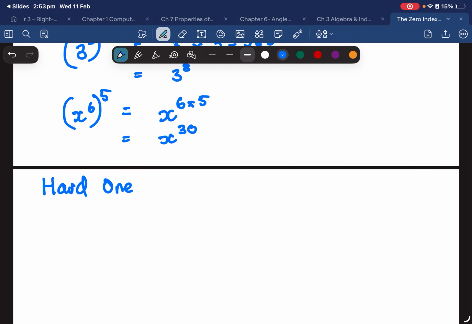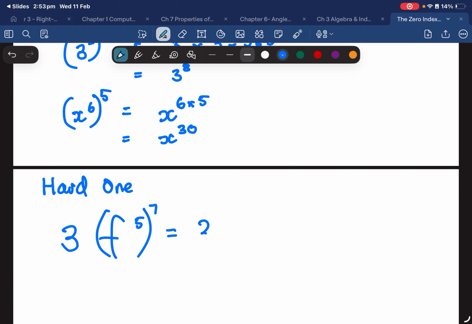So with a hard one, what we're looking at here is, say, for example, we've got 3 lots of, I'm picking on f today. Right, so we got f to the power of 5, and then we're going to take that power of 5, and then we're going to increase it up to the power of 4. I did 6 again. I can't do 6 again. I'll have to make it 7.